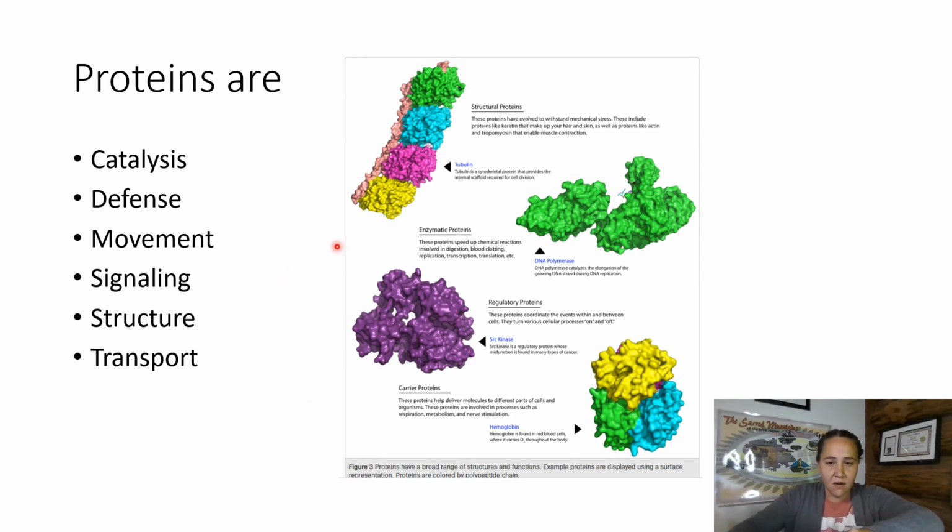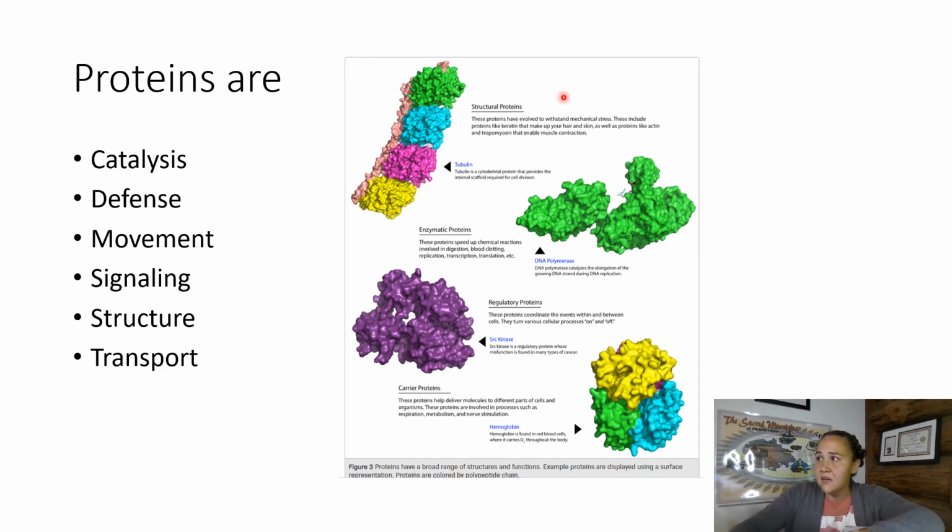Proteins are molecules that are responsible for catalysis, defense, movement, signaling, structure, and transport in cells. The book has several examples of what proteins look like. So keep in mind that these are long chains of monomers or amino acids that are linked together and folding upon themselves.